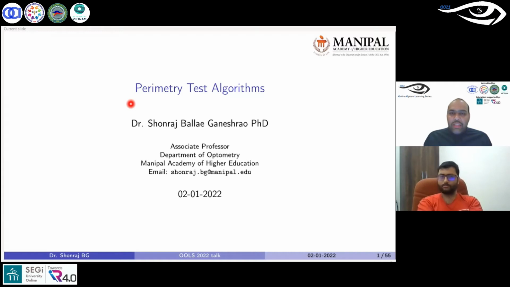Currently, Dr. Shonraj is heading the Visual Function Lab at the Department of Optometry where he works, and his research work is generously supported by extramural grants from the Department of Science and Technology and also the Science and Engineering Research Board. And Dr. Shonraj today is going to take us through his expertise, perimetry, what the test algorithms are and how we should be careful in terms of clinical practice.